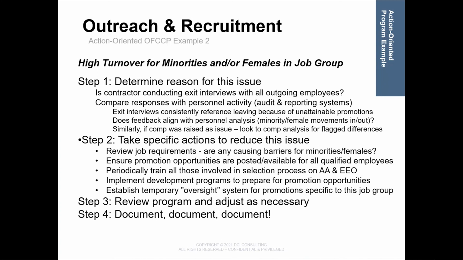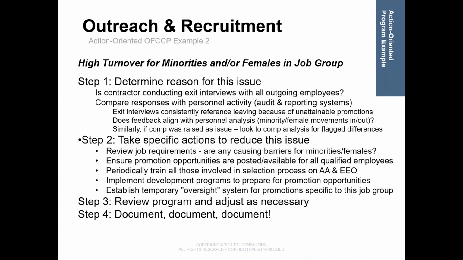From there, we've now designed specific action steps because the exit interviews have identified a promotional opportunity area where females don't think they're getting promoted. And the personnel activity and promotions have supported that. And we've identified and introduced specific action steps to remedy the identified problem. So this is an example of an action-oriented program or plan.